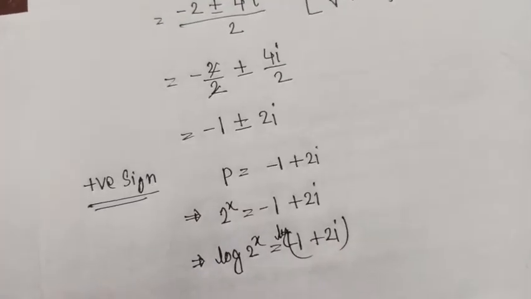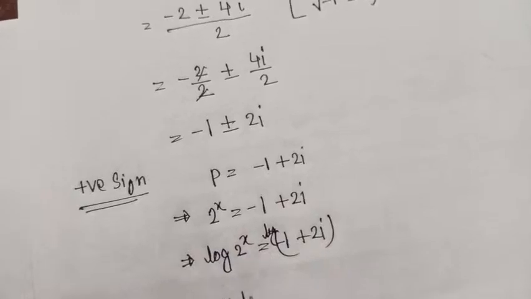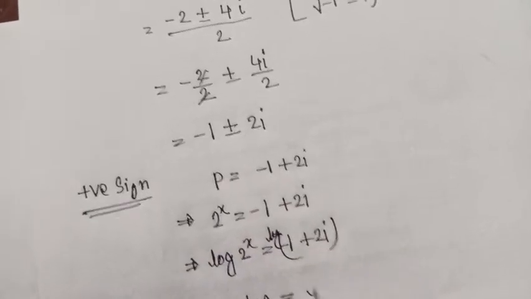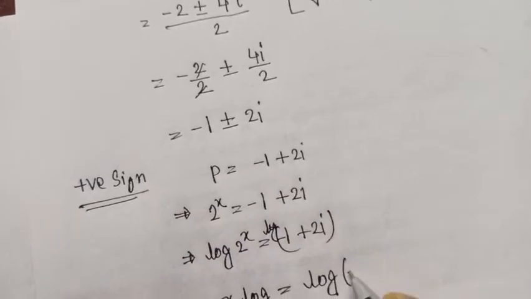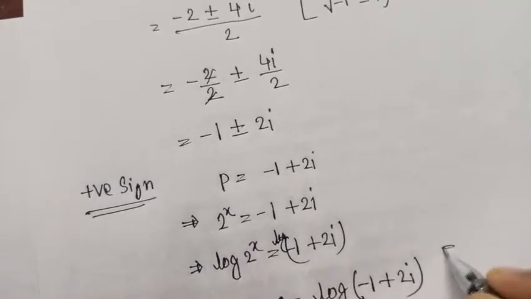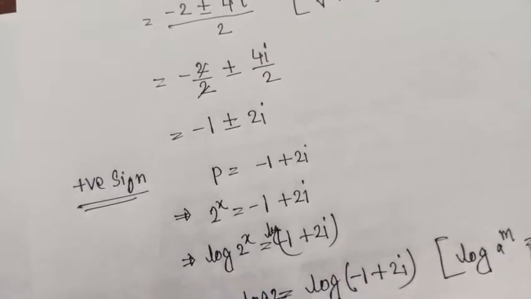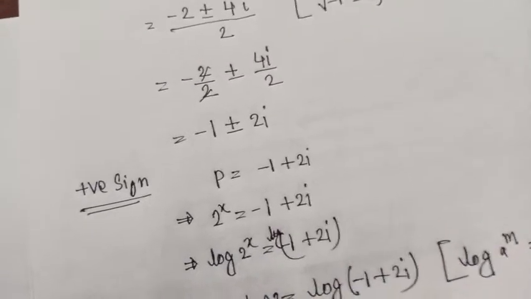If we take log both sides, x log 2 equals log of minus 1 plus 2i, as log a to the power m is equal to m into log a.